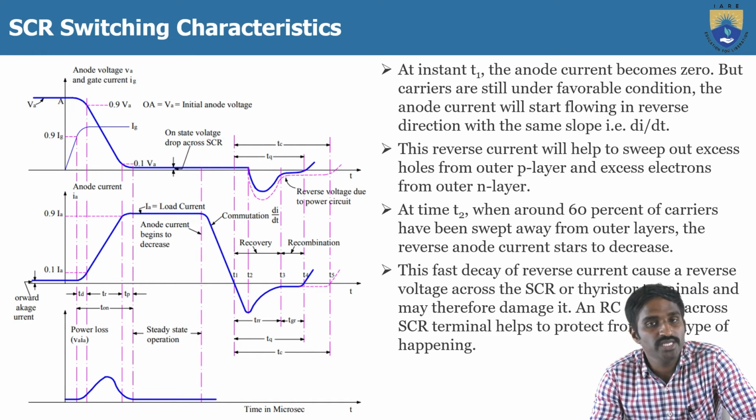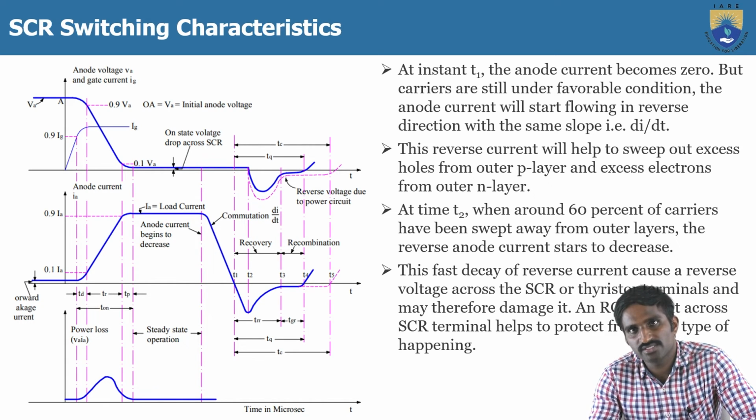To protect against that, we usually connect a series RC element across the SCR, which is also called a snubber circuit. We will discuss that when we cover the protection of the SCR, because during the turn off process the increasing reverse voltage across the SCR may damage the thyristor. So to avoid that, we connect a series RC element across the thyristor.